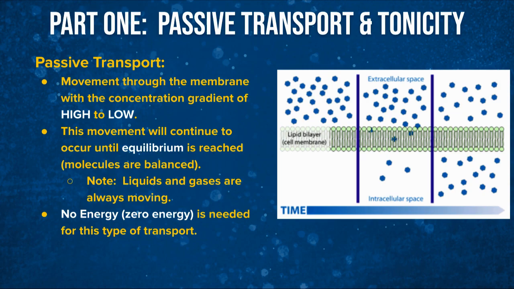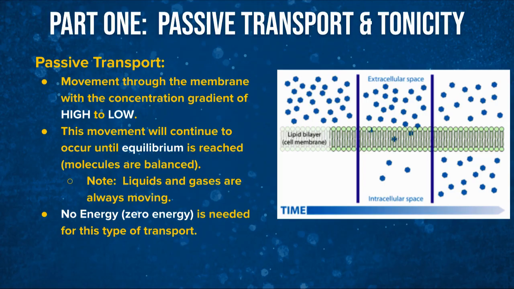All right. If you look at the image that is on your screen right now, this is symbolizing passive transport. We have particles that are at a high concentration and they are going to move to an area of low concentration across the cell membrane until they reach what we call equilibrium. I want you to think of the word equal when you hear equilibrium.